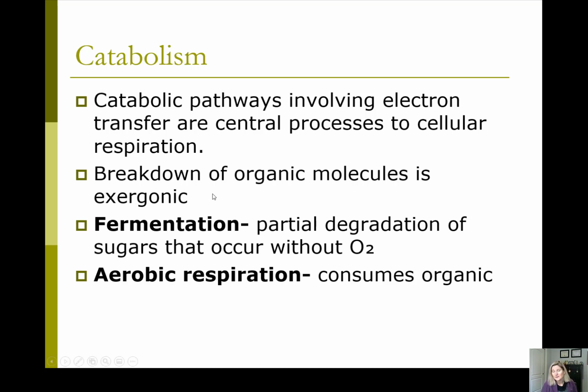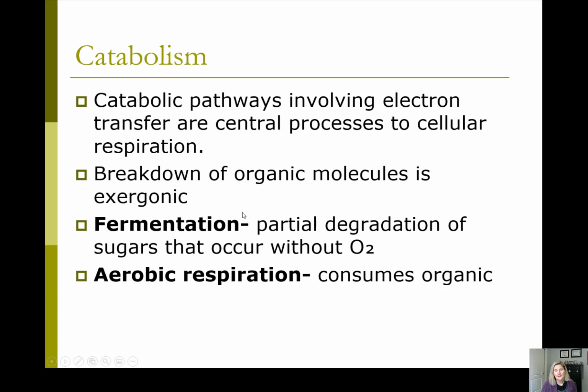So cellular respiration is going to be an example of that process where we're going to take organic molecules, such as glucose, and we're going to release energy from it in the form of ATP. Okay, so that's that energy that we're trying to acquire or basically convert to. So this example of cellular respiration is a catabolic pathway.